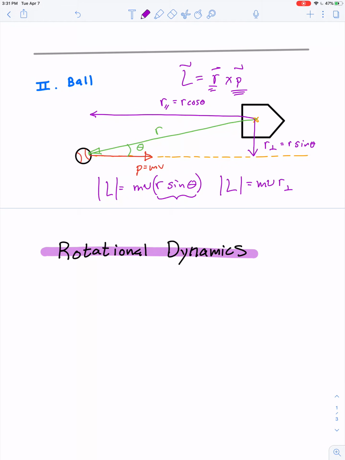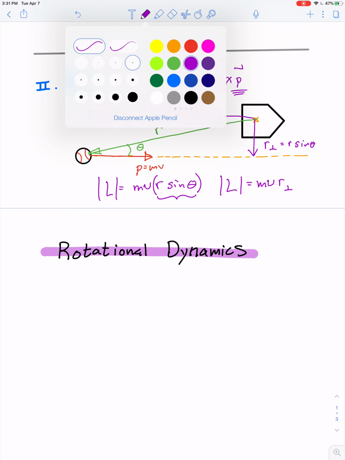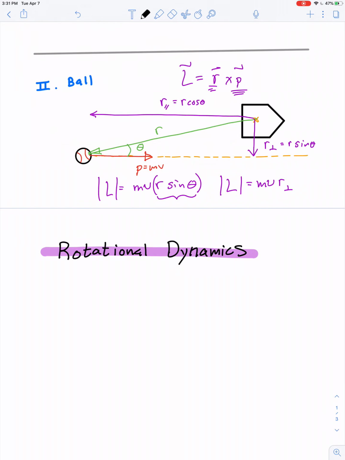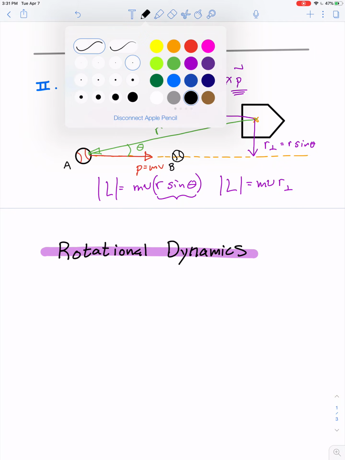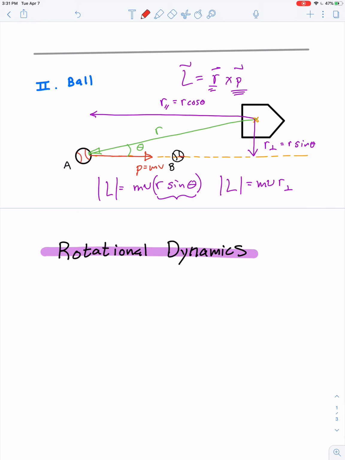Now notice, for the baseball, as it travels to the right, let's say the baseball reaches this position. Is its angular momentum greater than or less than it was prior? So we can look at the ball at point A and the ball at point B. Is the angular momentum greater at point B? Well, if we ignore air resistance, then the linear momentum is a vector that's still of the same length.